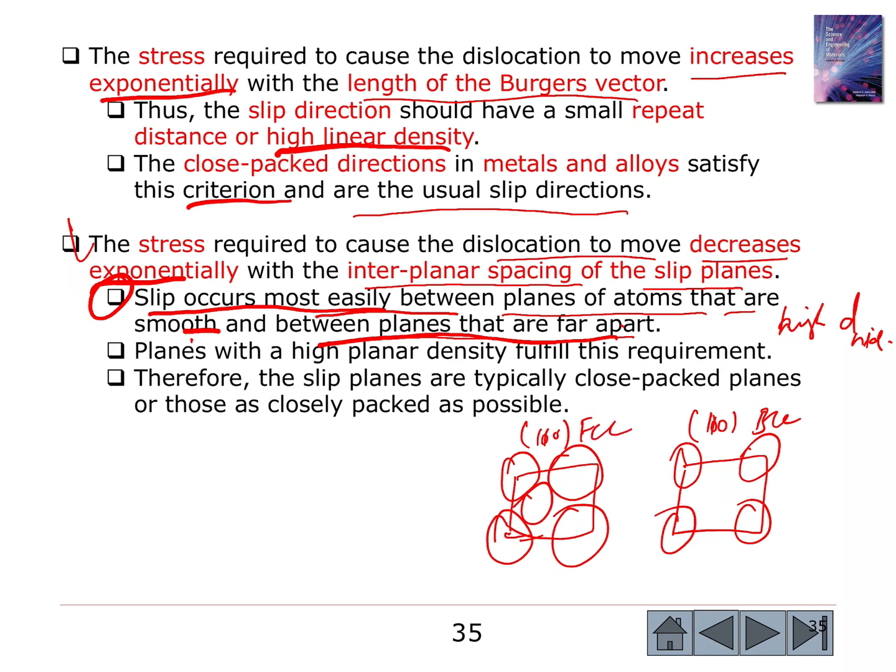So the planar density here is 1 because there is one atom per face of the unit cell, and here there are two atoms. For FCC, the planar density is 2 and here it is 1. So close packed planes have higher planar density as well. Therefore, the slip planes are typically close packed planes or those as closely packed as possible.